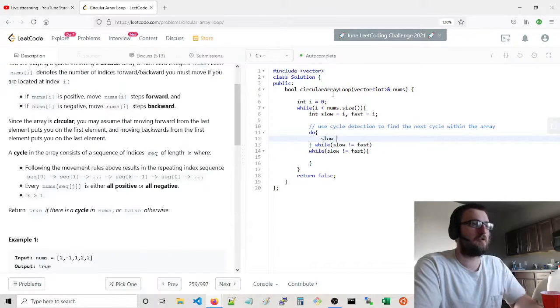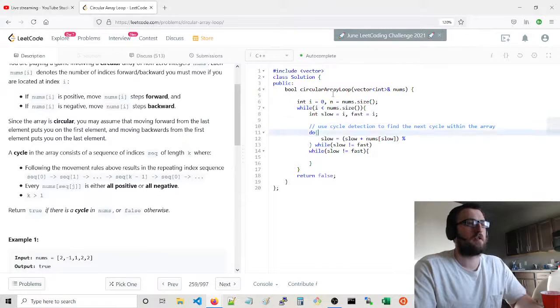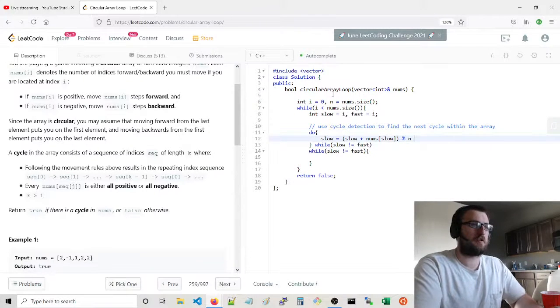You're going to set slow equal to slow plus nums of slow, modulo nums.size, which is n, modulo n plus n, modulo n.